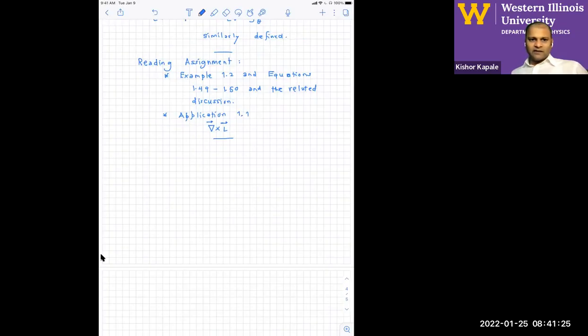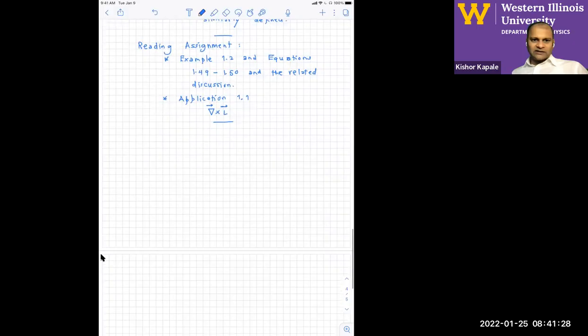Okay. If there are no questions, let's take a look at now derivatives of some simple functions. And in most cases, since we are dealing with fields, most of the functions that we are going to encounter in this class are going to be functions of position vector r and a distance vector r.